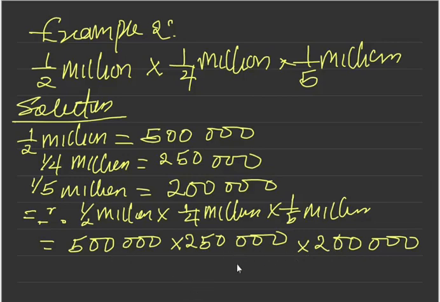Now, in multiplying this, let's put some analysis up. Let's count the zeros: 1, 2, 3, 4, 5. Let's leave the 2. 3, 4, 5, 6, 7, 8, 9, 10, 11.